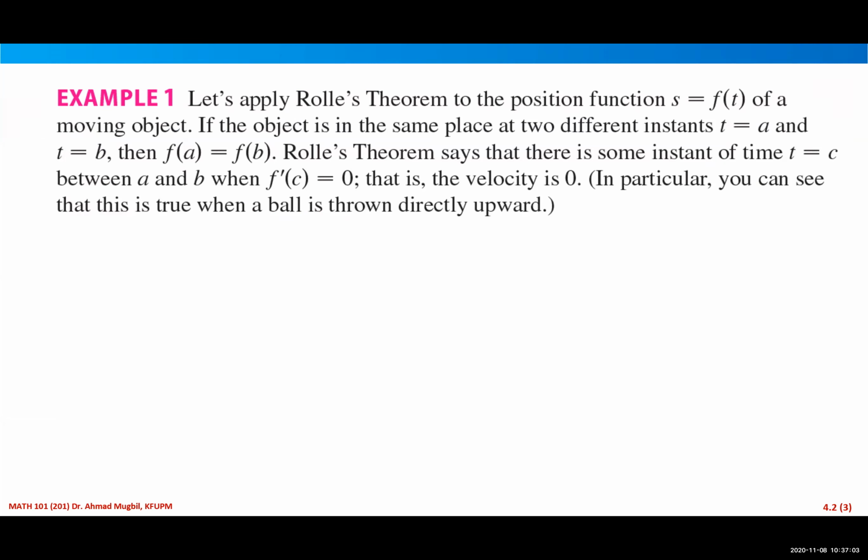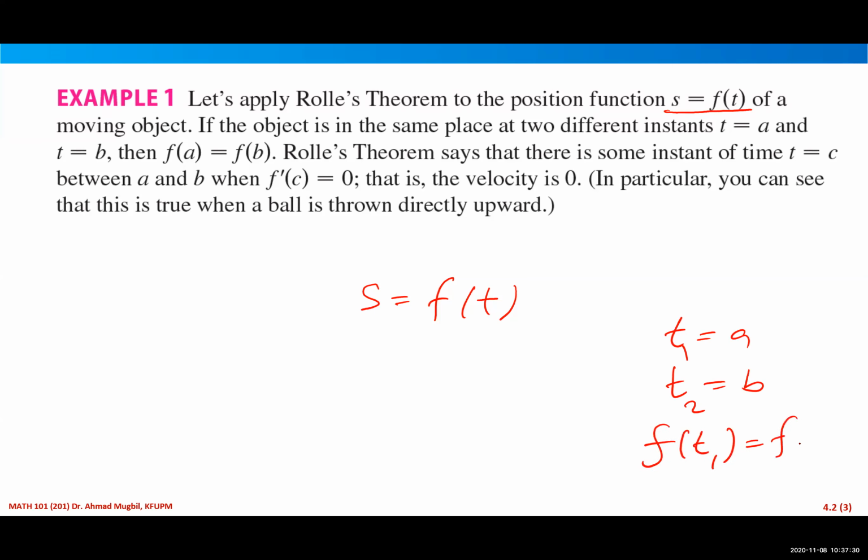How? Look, if S equals f of t, the position function, the distance function of some object or particle, then what is the meaning that you have two numbers, let's say A and B, which means t equals A and t equals B, 2 different times, but the value of the function is the same at these 2 different times?